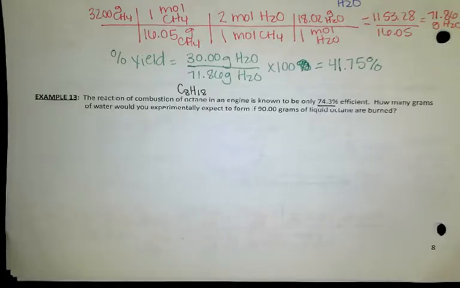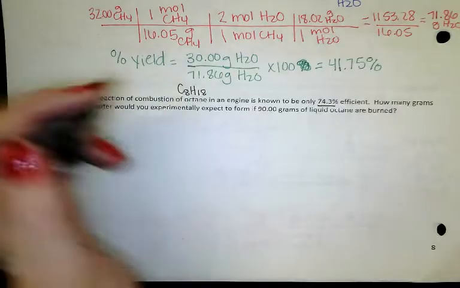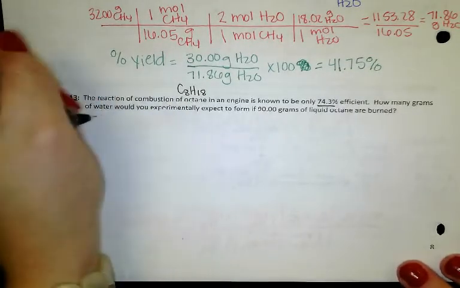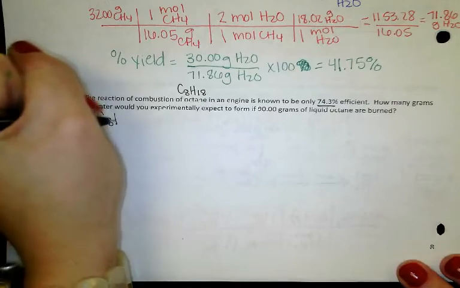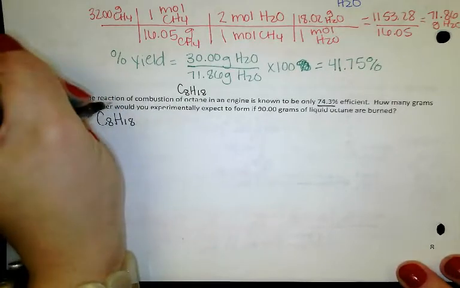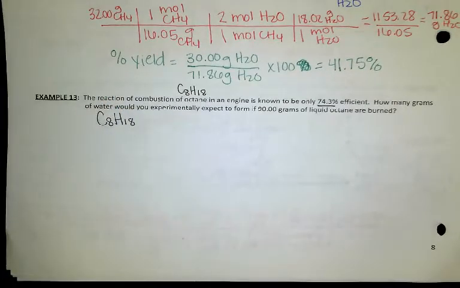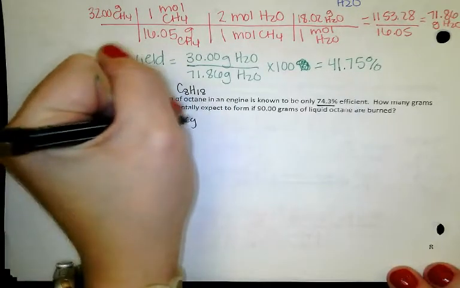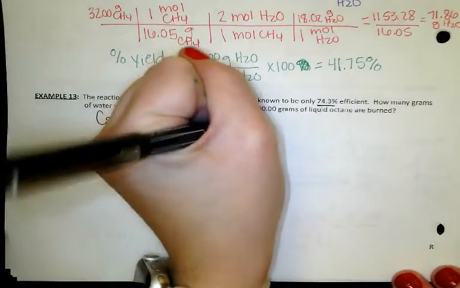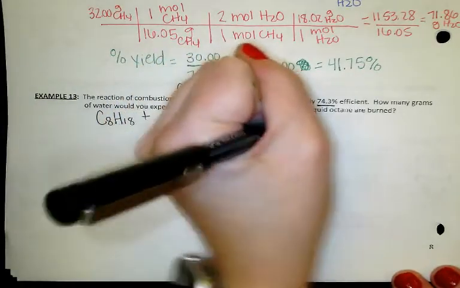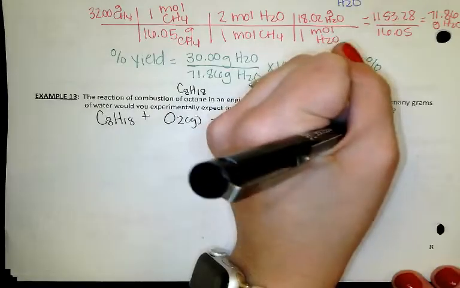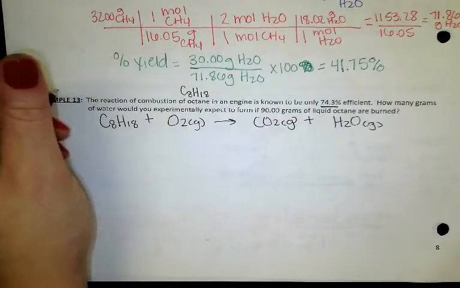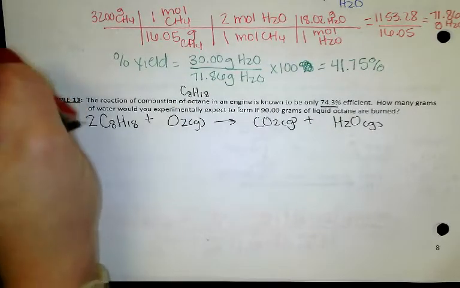So we first need to write our balanced equation, C8H18, okay, plus O2 is going to yield CO2 plus H2O, okay? So first we need to balance. There's going to be 2 there, and then there's going to be an 18 here. So that means that's going to be 16 here.